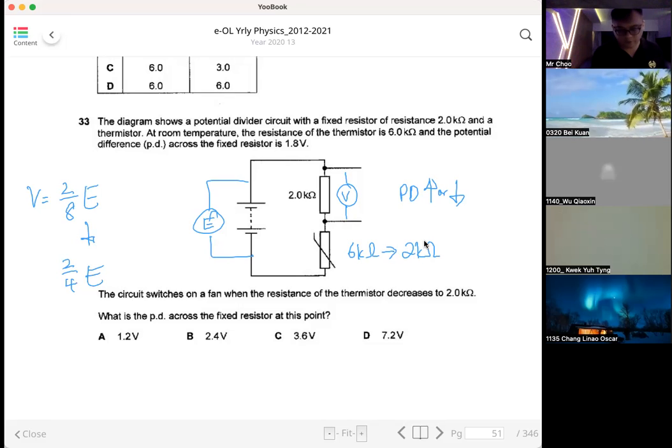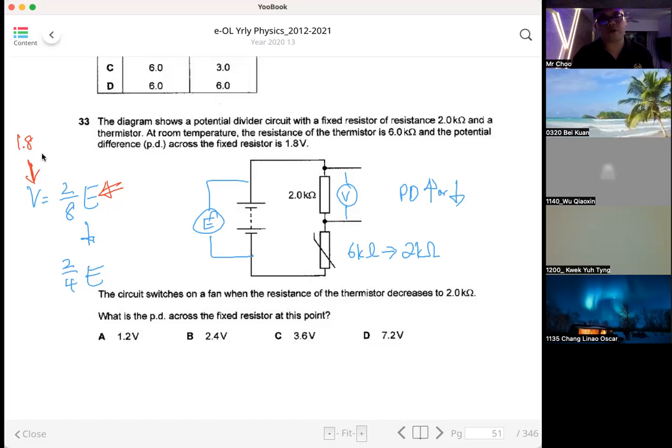So therefore, from here, you know that at first the V here is 1.8. So can you find the value of E? If at first the V is 1.8, and this 1.8 is 2 out of 8 of the E, so can you find the value of E?